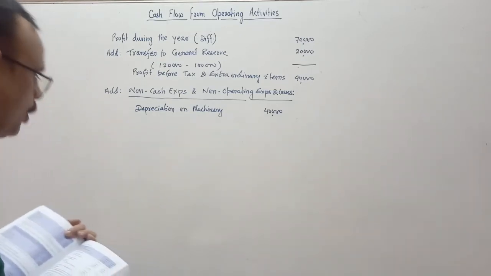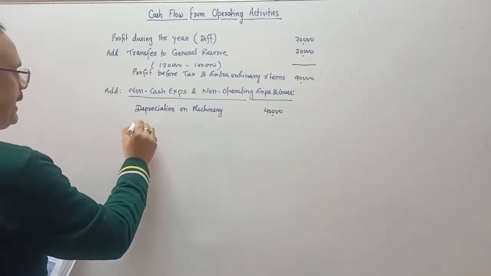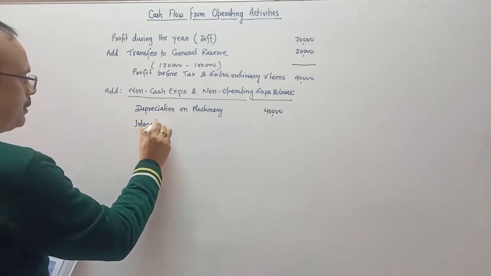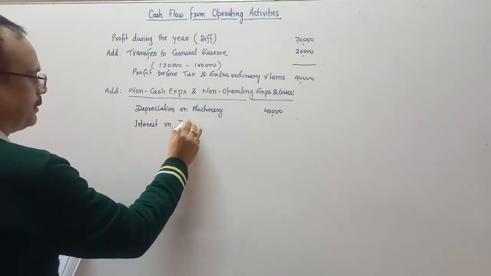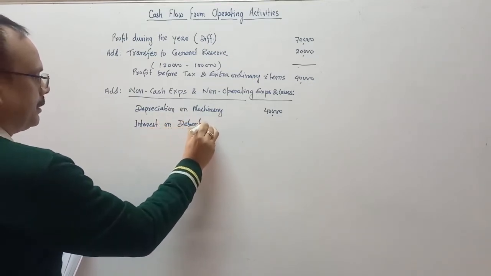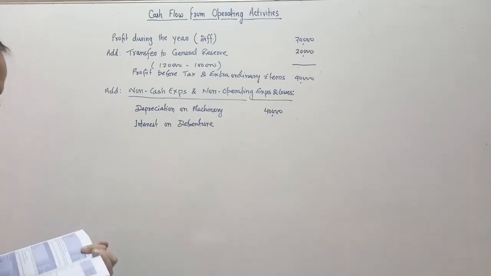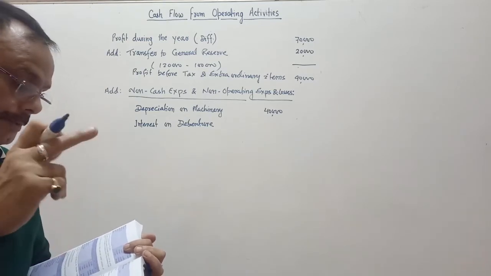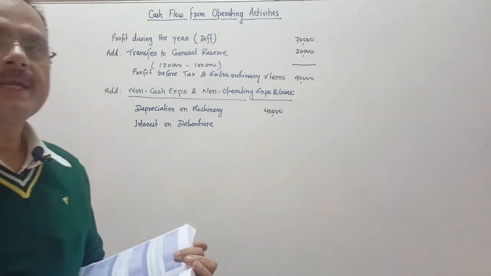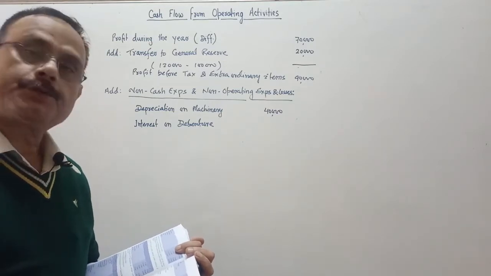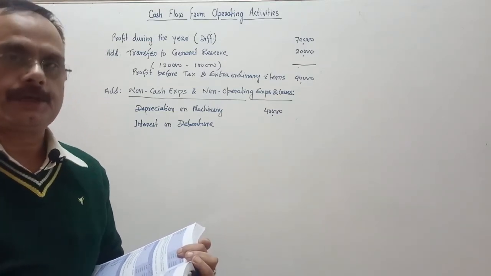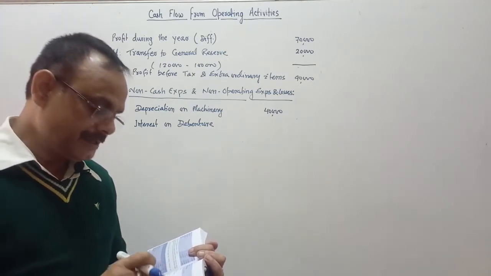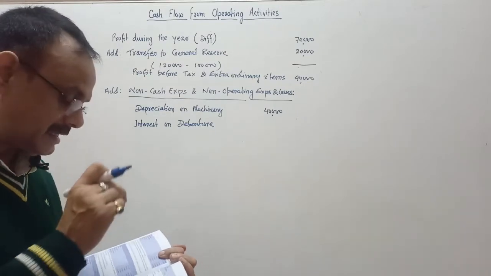And now see, non-operating expense is interest on debenture. You see the interest on debenture in note number 3 and note number 2. In long term borrowing, 9% debenture is there. Last year it is 1 lakh and this year it is 1,50,000. And in additional information, it is clearly mentioned that the debenture is issued on 1st April 2017.